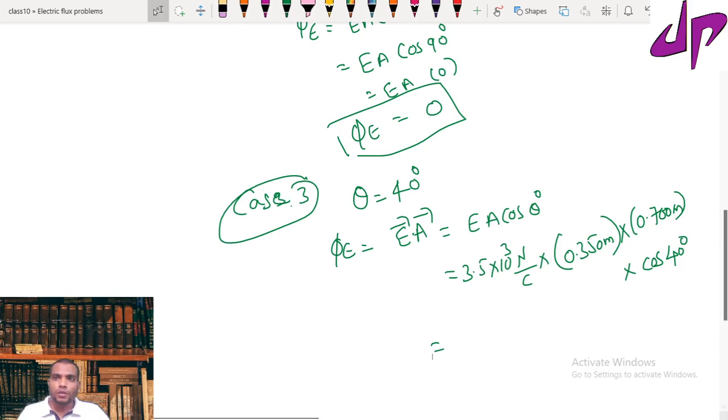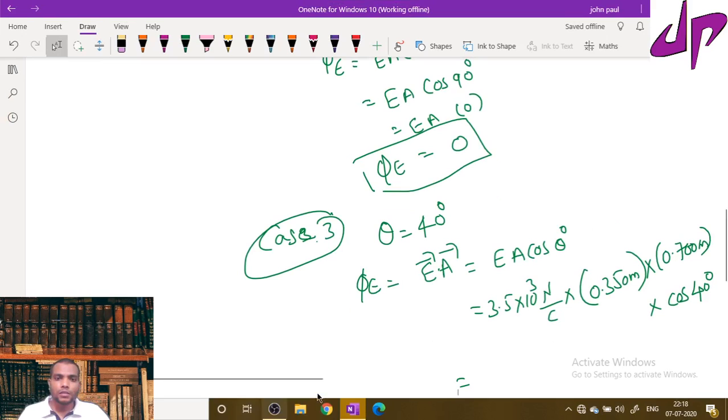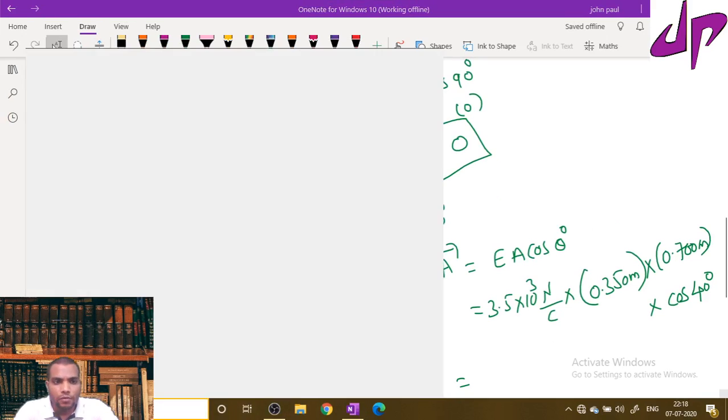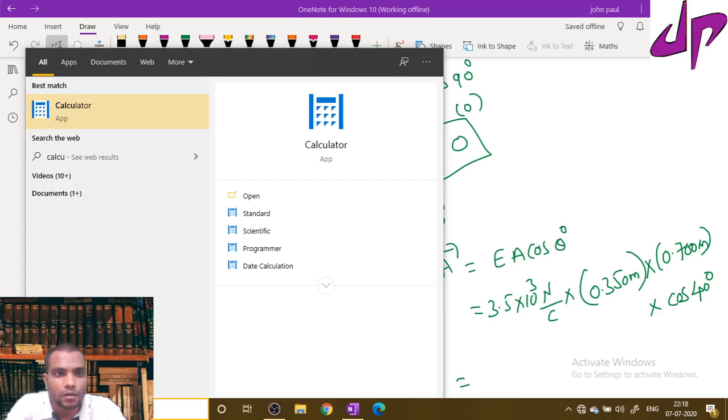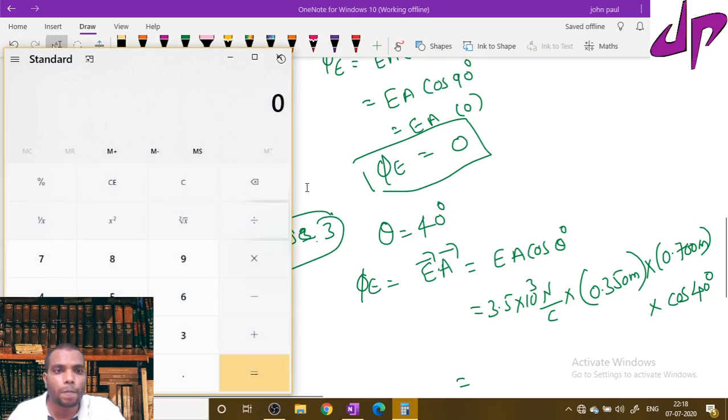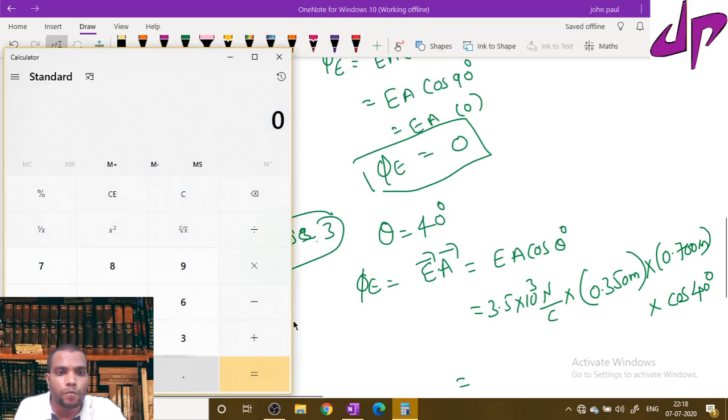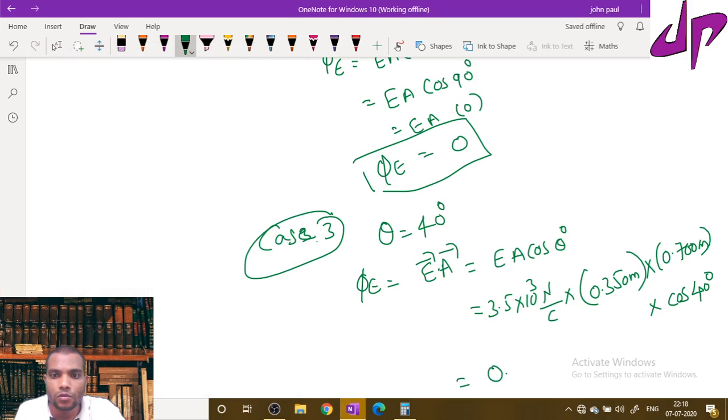So if you do the calculation, 3.5 times 0.350 times 0.700 equals 0.8575 times 10 power 3.